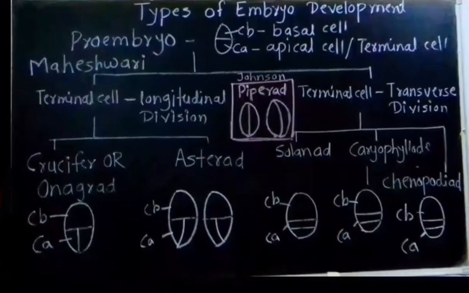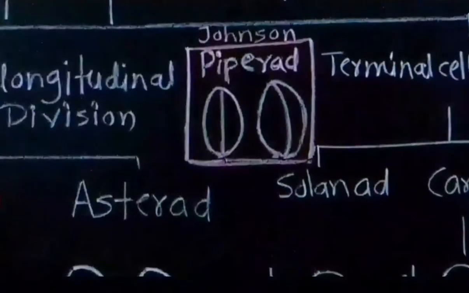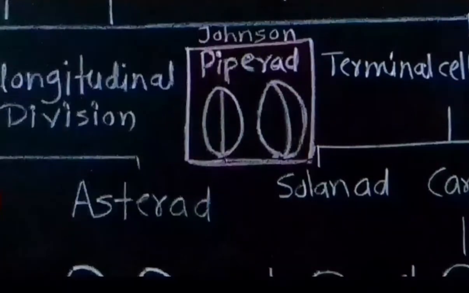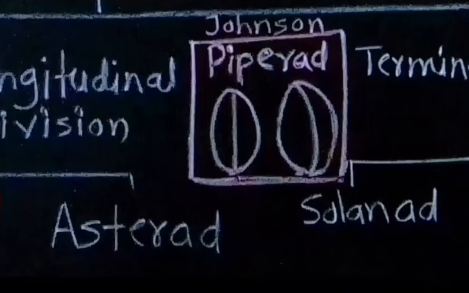So Maheshwari, on the basis of the division of the apical cell, either longitudinal or transverse, described the 5 major types. Then Johansen observed that in members of the families Piperaceae and Loranthaceae, the first division in the zygote is not transverse but vertical.